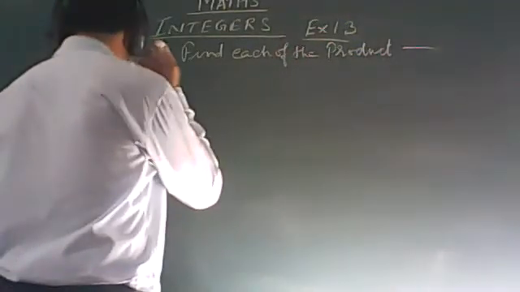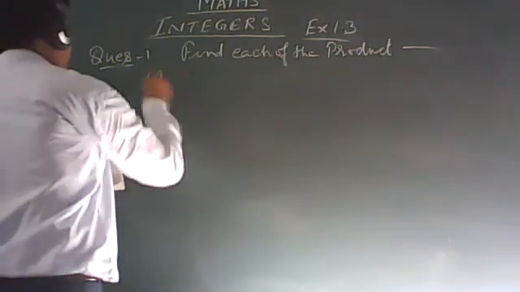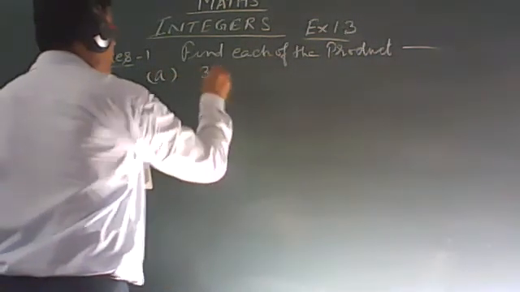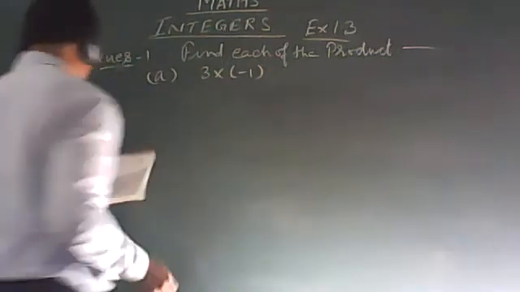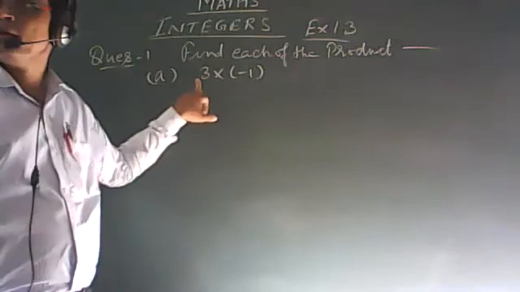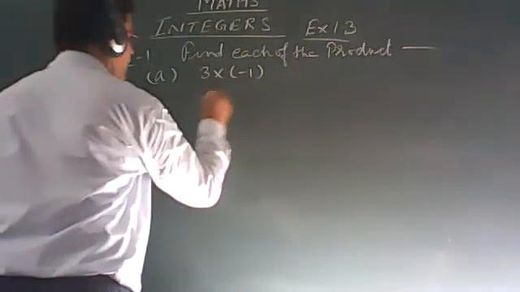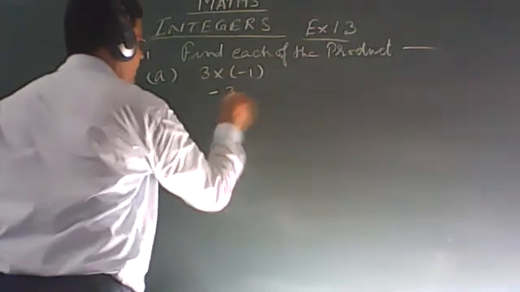So first we start the first question, A part: 3 into minus 1. First we multiply the signs, then we multiply the numbers. Plus times minus is minus, and 3 ones are 3, and that is our answer.